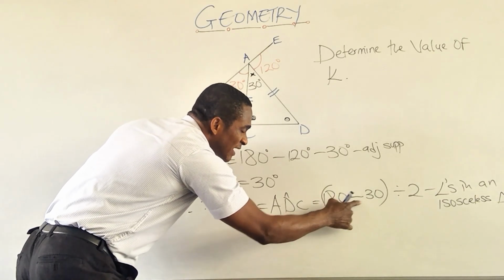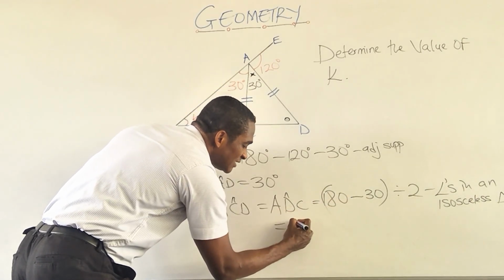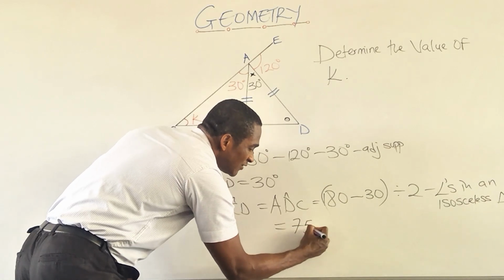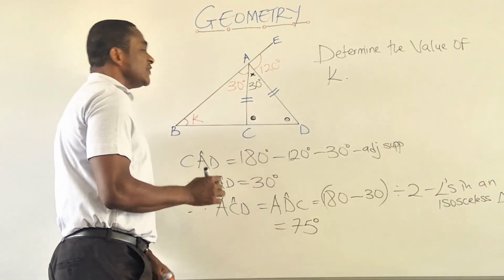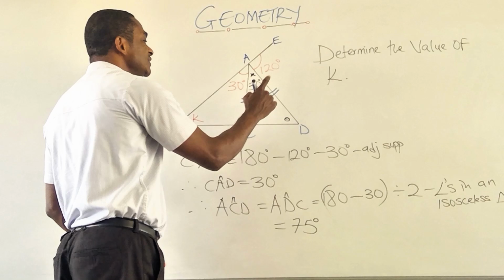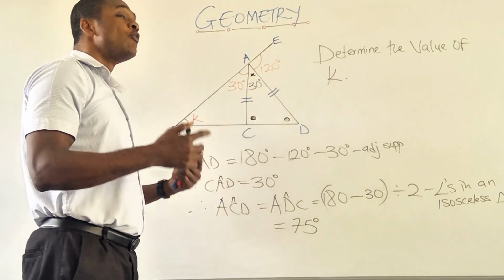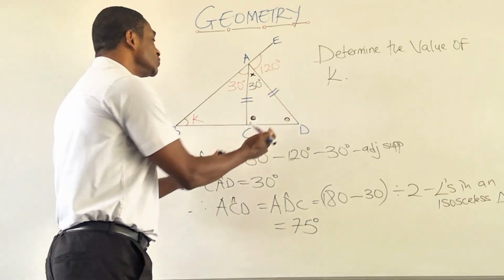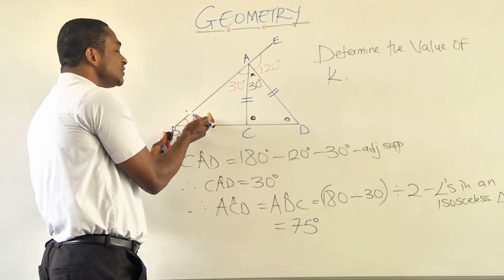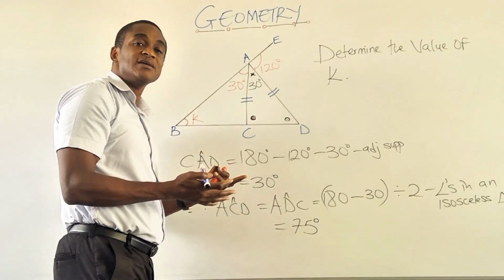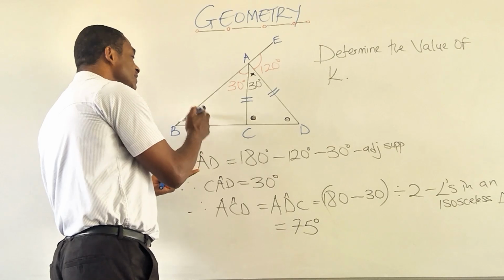So 180 minus 30 is 150, divided by 2. That will give us 75 degrees. So this is 75 degrees, this is 75 degrees. Why are we going through all these steps? Because we want to work closer to the triangle where K is, so that we can get K.